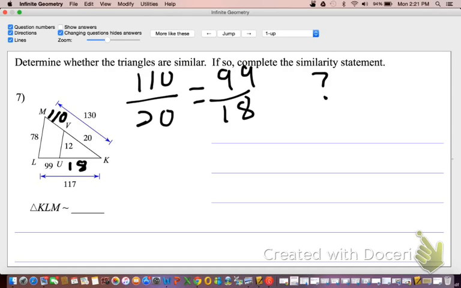So because they're equal, you want to say they're similar. Just be careful. KLM, you want to say KUV. Notice the order, it's important.